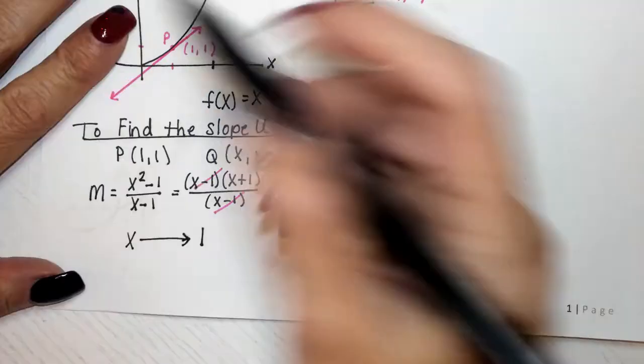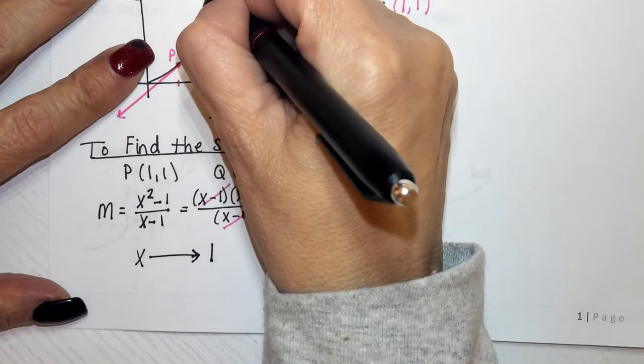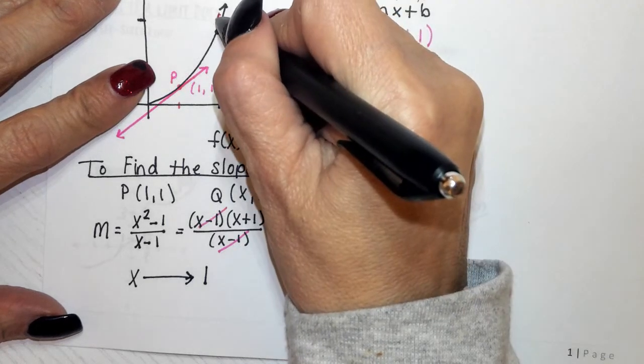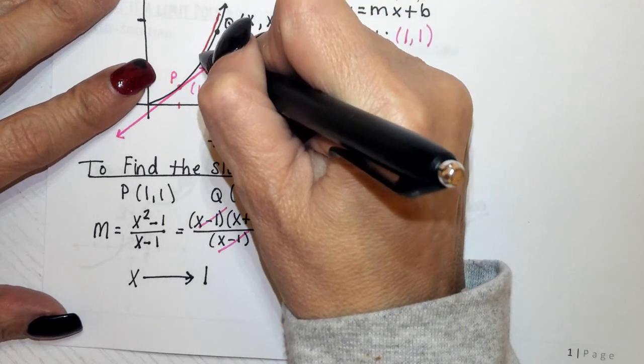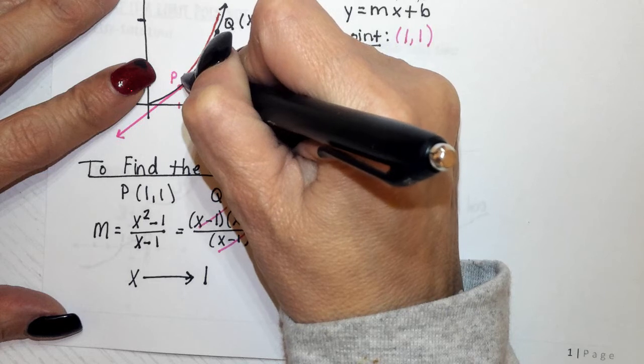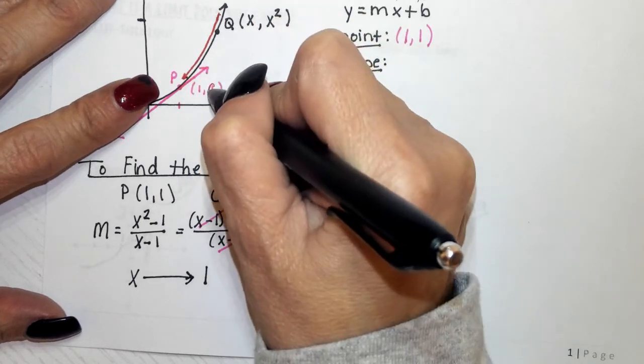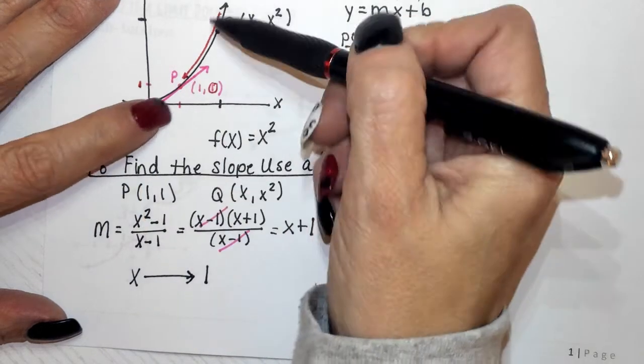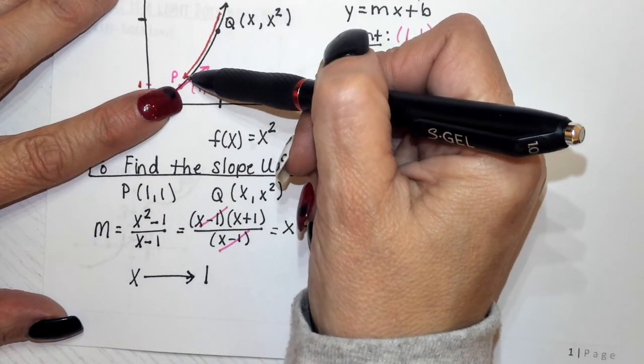Because here's what's happening. As you're coming down this line with your cube, let me come up here. As you're coming down from the top, and as you are approaching the value 1, right here, this 1, what value are you getting close to?